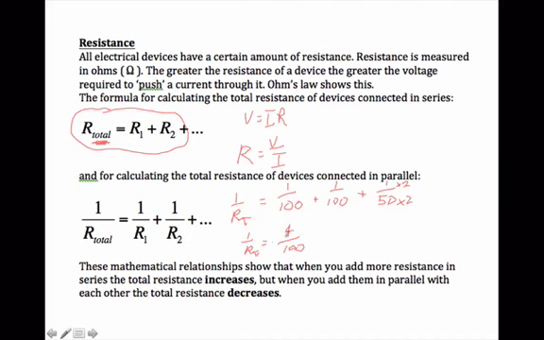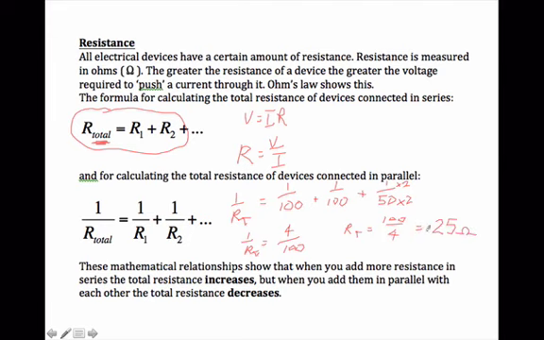And this is where a lot of people will say the total resistance is 4 divided by 100, and that's not correct. 1 over the total resistance is 4 over 100, so let's flip this fraction. If we do that on the left hand side, we'll do it to the other. 100 divided by 4 is 25 ohms.